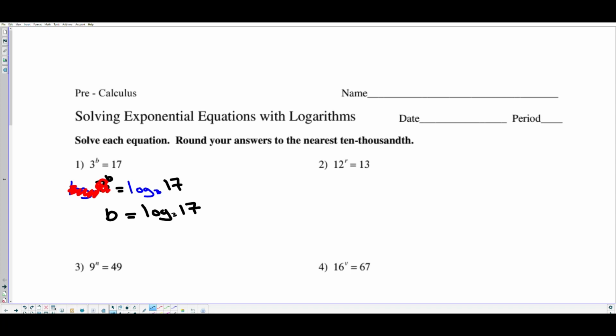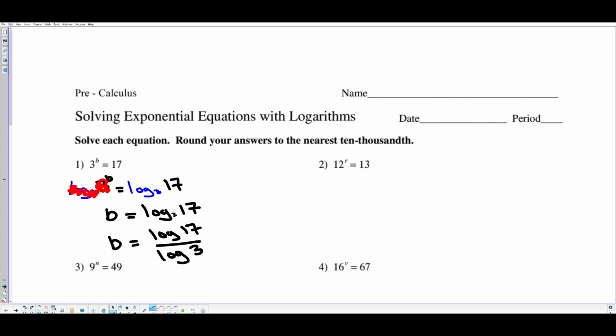My calculator, and most likely yours, does not have a log base 3. So we're going to have to use the change of base rule, which is log base 10 or base e of the argument 17 over log base 10 or base e, but you have to use the same base of 3, which is the previous base.